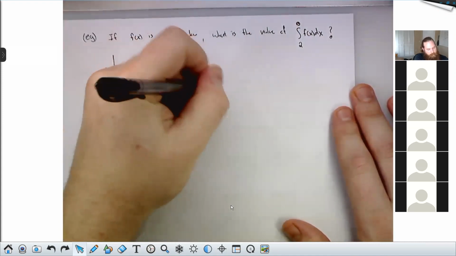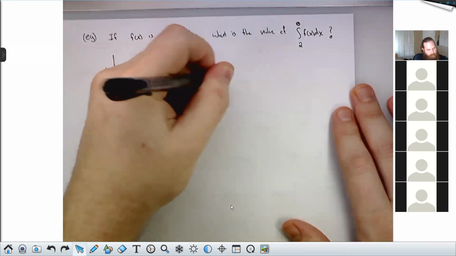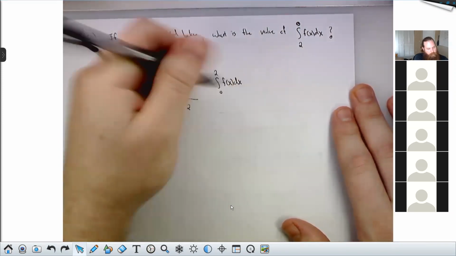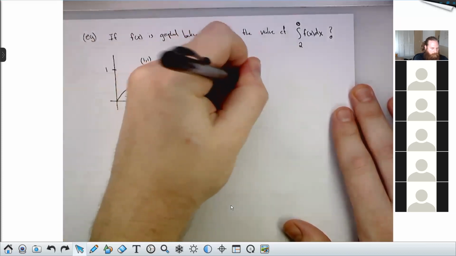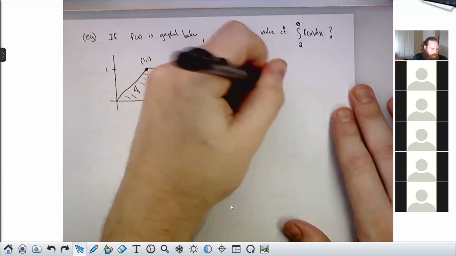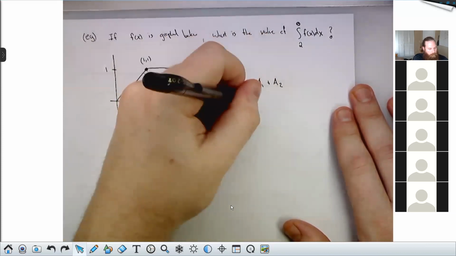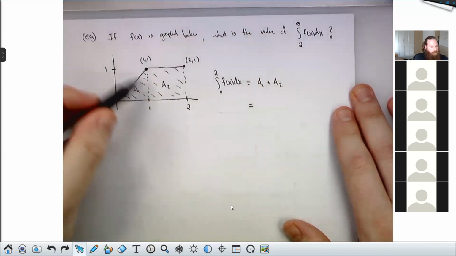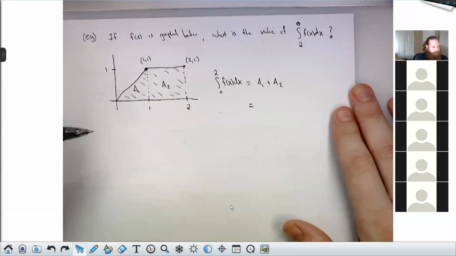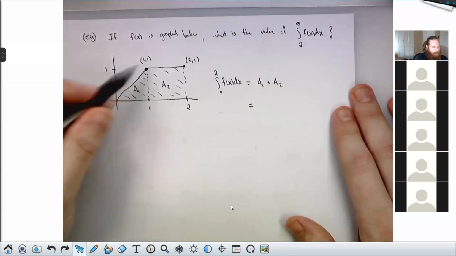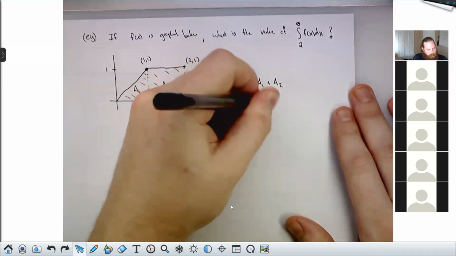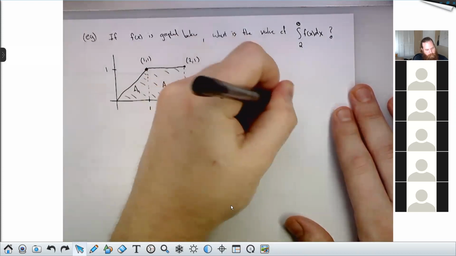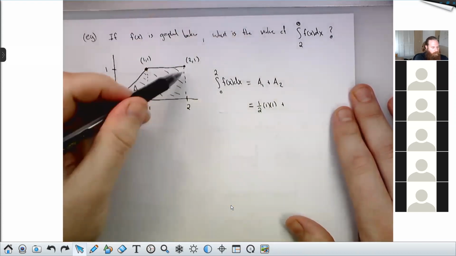Then the integral from 0 to 2 of f of x dx, from 0 to 2, mind you, not from 2 to 0, is A1 plus A2. What's the area A1? 1/2. Good, it's 1/2 base times height. And the base and height here are both 1. So this is 1/2 times 1 times 1, plus, what's the area A2?